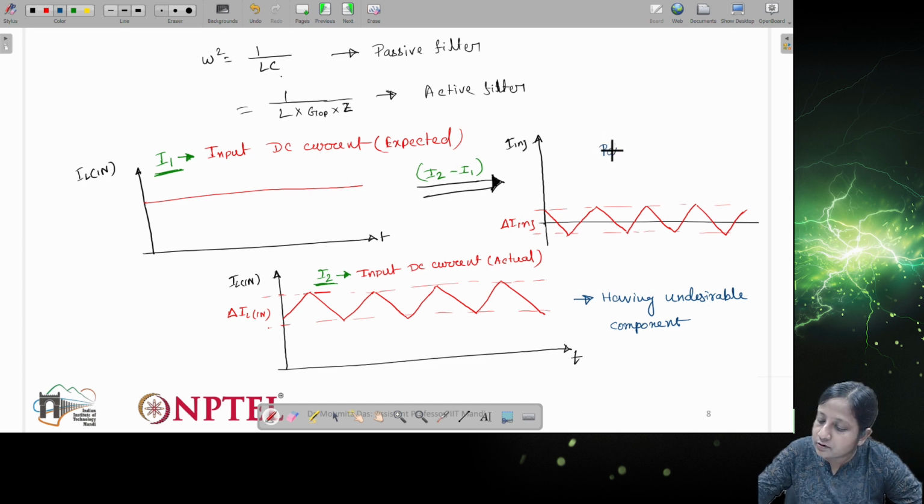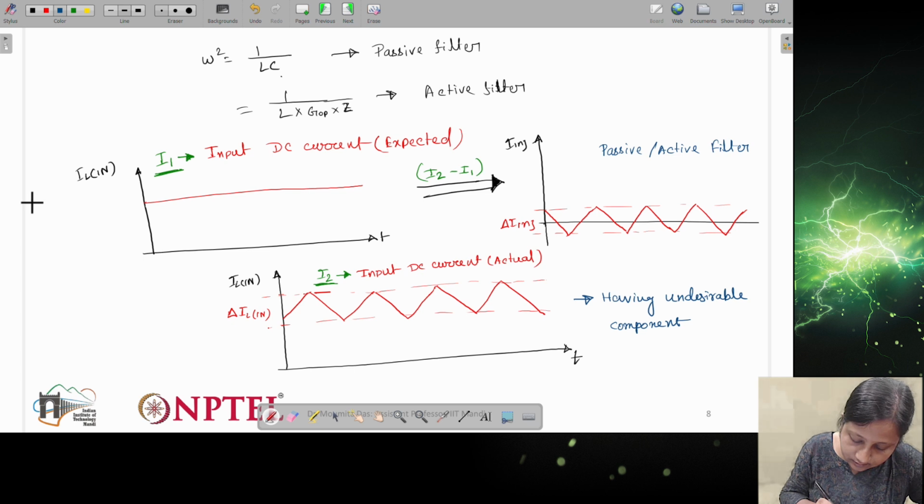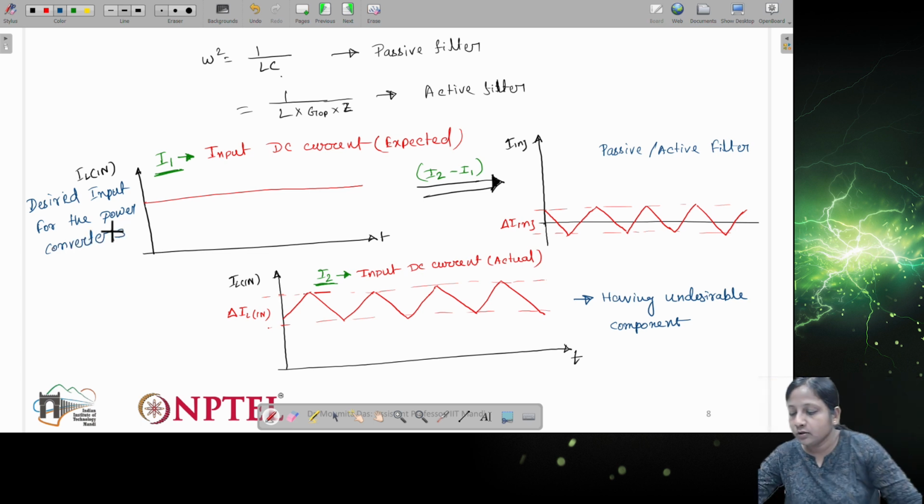Using passive or active filter to get rid of the undesirable part. Here we are getting the desired input for the power converters. So these three things we are actually focusing on here.